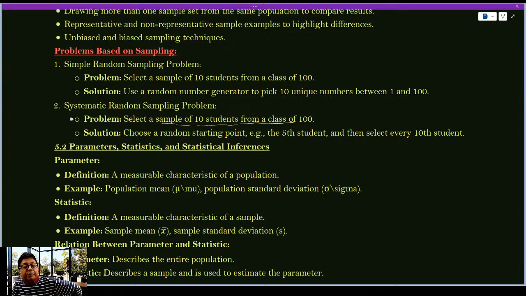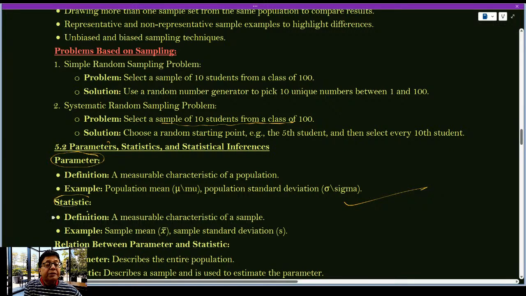Measurable characteristic of a sample is for statistic, and the previous one is for parameter. A measurable characteristic of a sample is called statistic. Sample mean x bar, sample standard deviation S. Okay? Sample mean we denote by x bar.